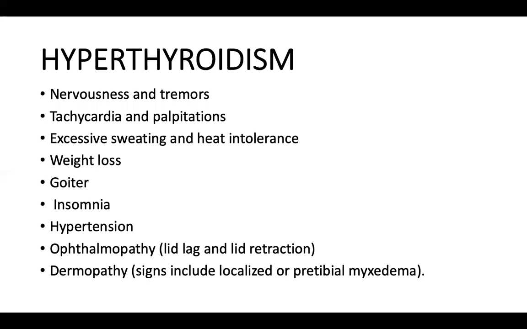Hypertension is also common in pregnancy, but there are two things that are unique to hyperthyroidism: ophthalmopathy, where you can also have a lid lag and the lid can look retracted, and dermopathy, which is localized or pretibial myxedema.